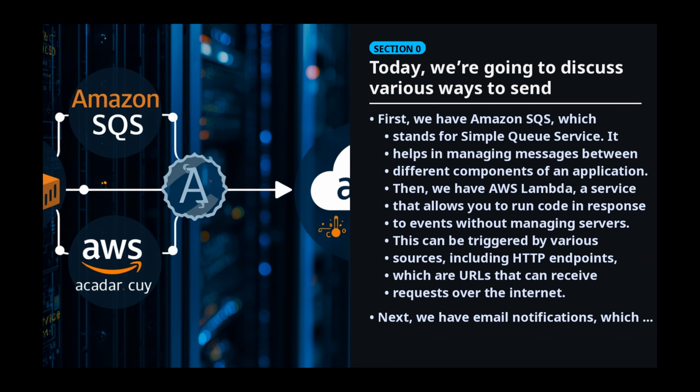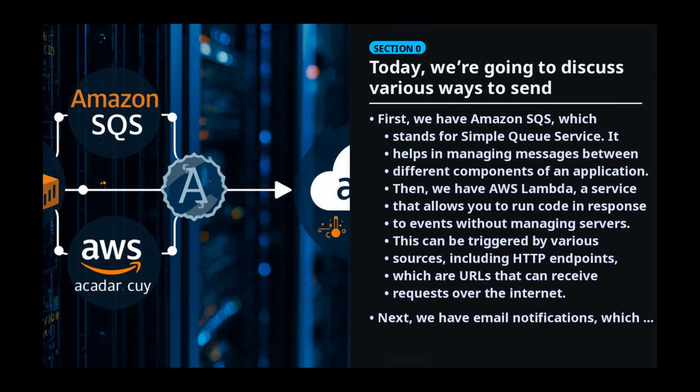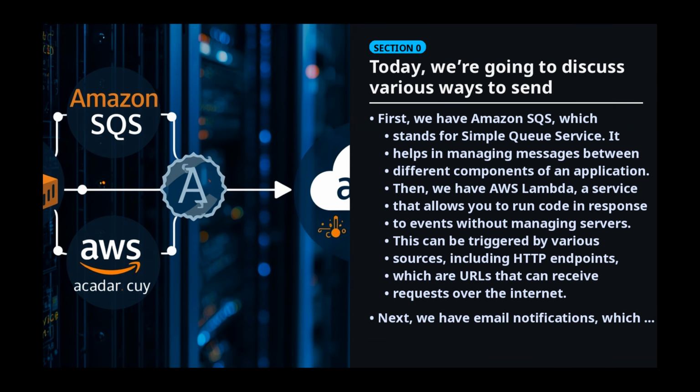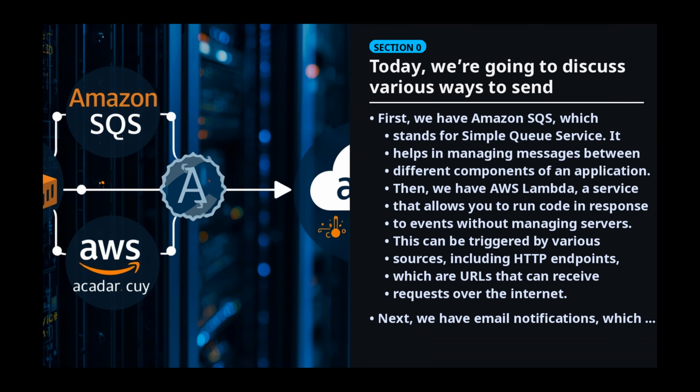Next, we have email notifications, which are a common way to communicate updates. Mobile push notifications are similar but are sent directly to mobile devices, while SMS refers to text messages sent to phones. Additionally, Amazon Data Firehose is a service that helps in loading streaming data into data lakes and analytics services.